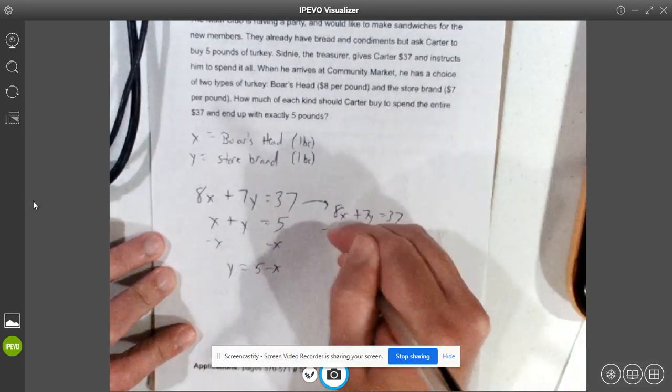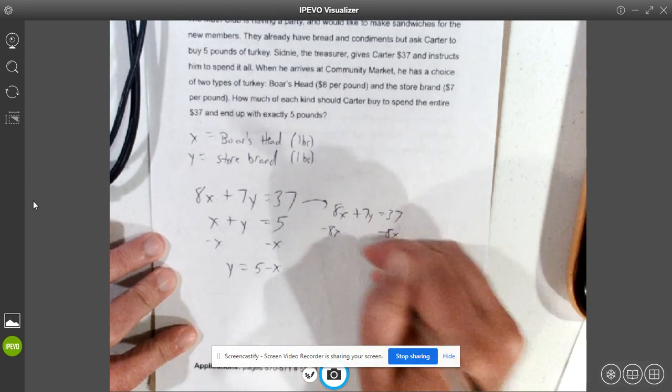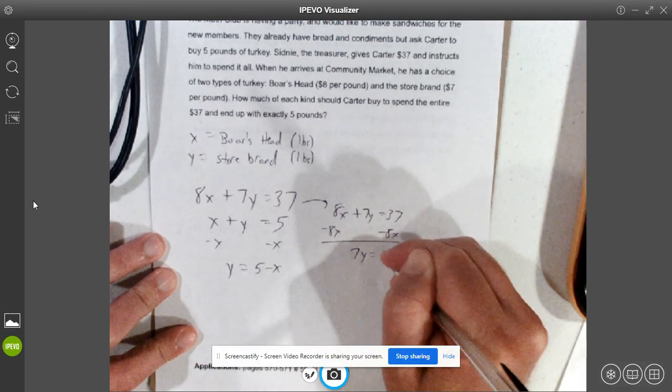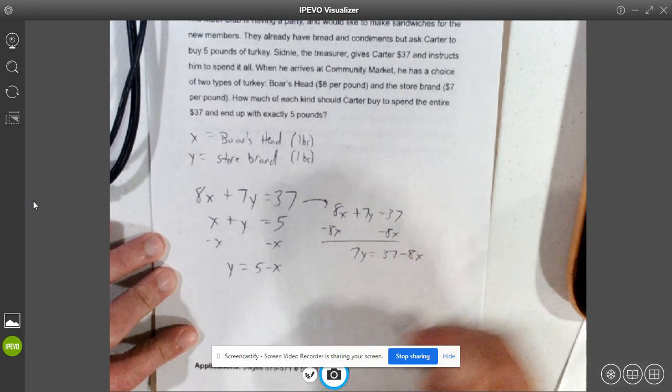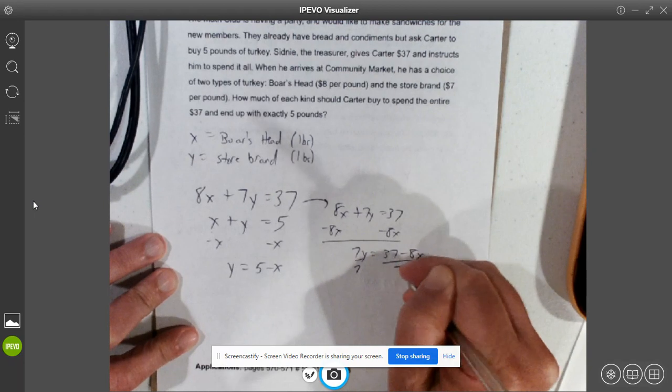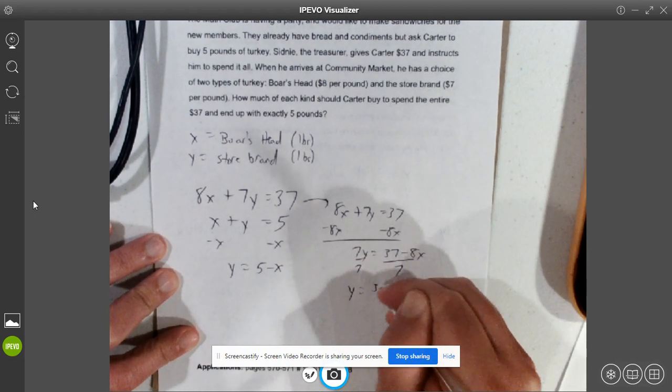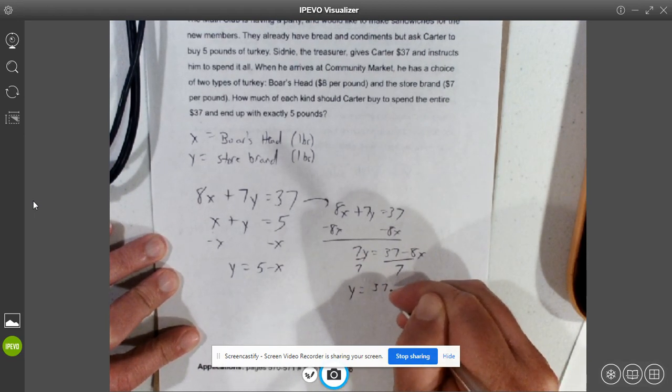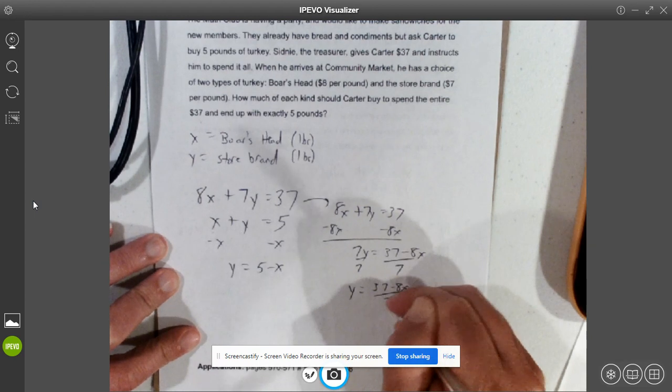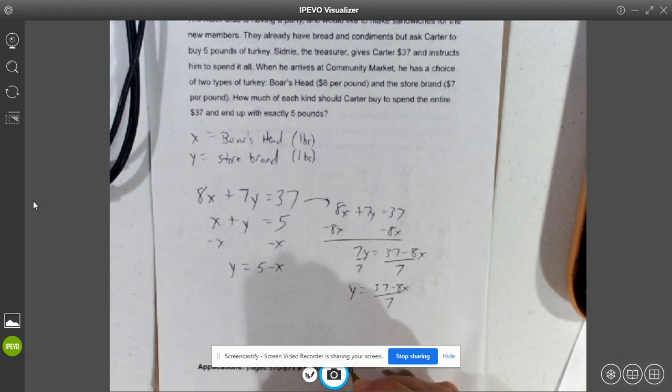So I subtract 8X on both sides. I get 7Y equals 37 minus 8X. And then I divide by 7 on both sides. I get Y equals, and I'm just going to leave it like this, (37 minus 8X) over 7. So I got Y by itself.